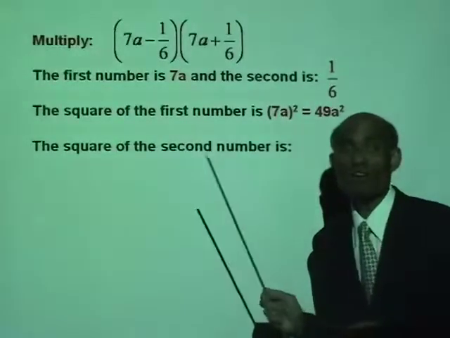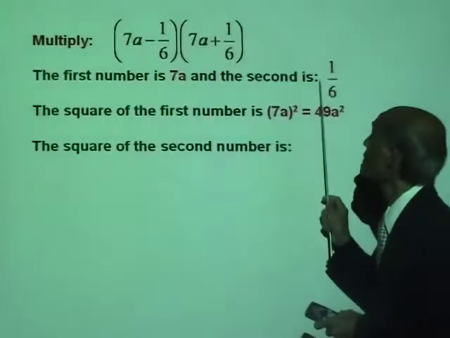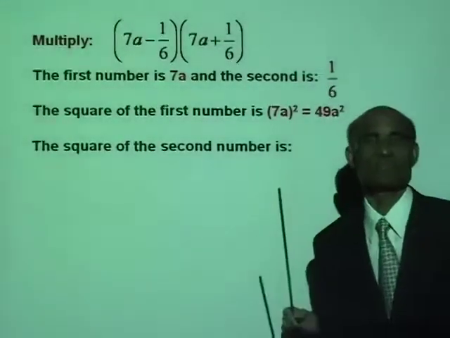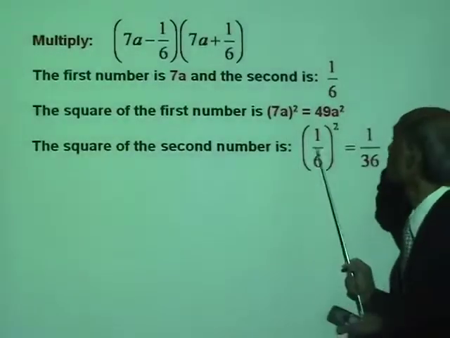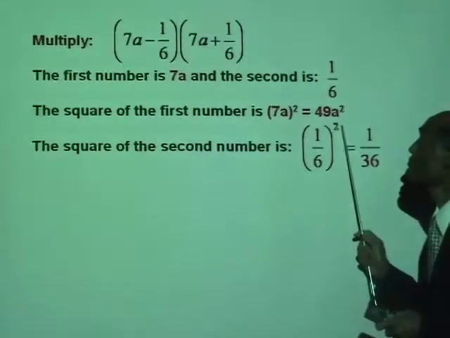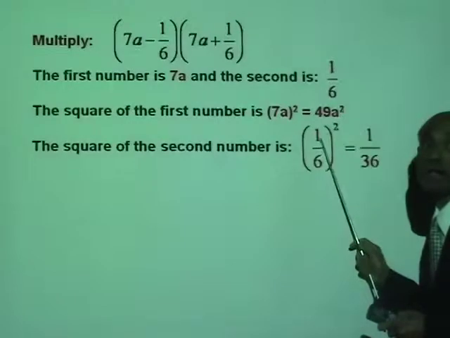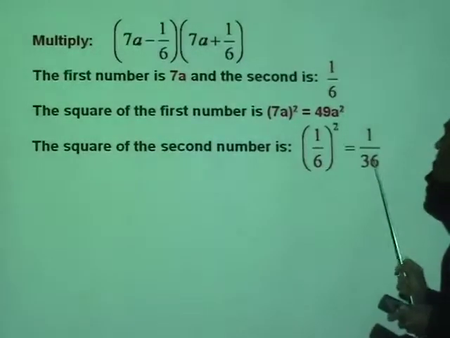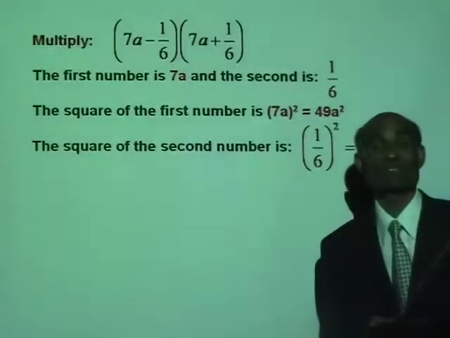And what is the square of the second number? The number is 1 over 6. What do you get if you square it? It's 1 over 6 squared, which will be 1 squared divided by 6 squared. That is 1 over 36.